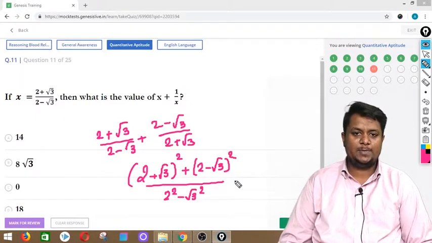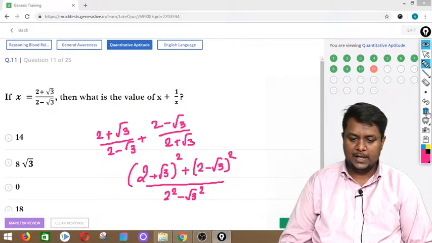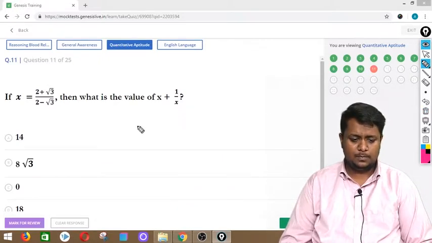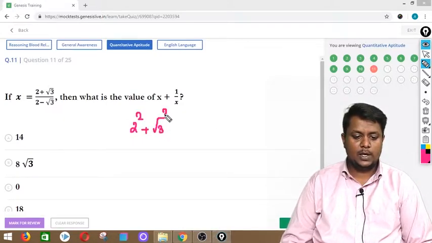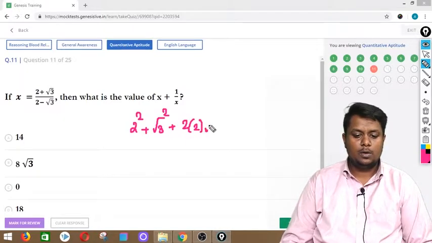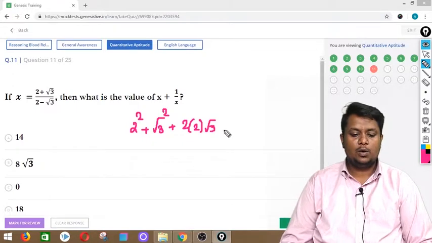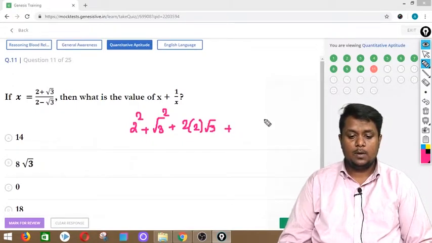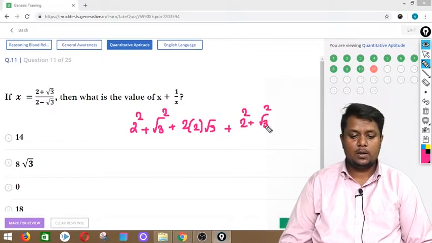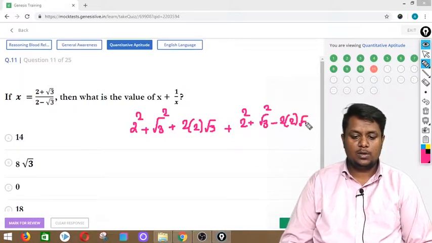Now we have to expand this. (2 plus root 3) the whole square will be 2 square plus root 3 square plus 2 into 2 into root 3. (2 minus root 3) the whole square will be 2 square plus root 3 square minus 2 into 2 into root 3.